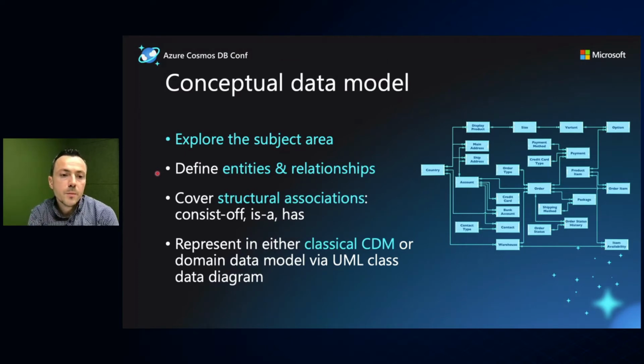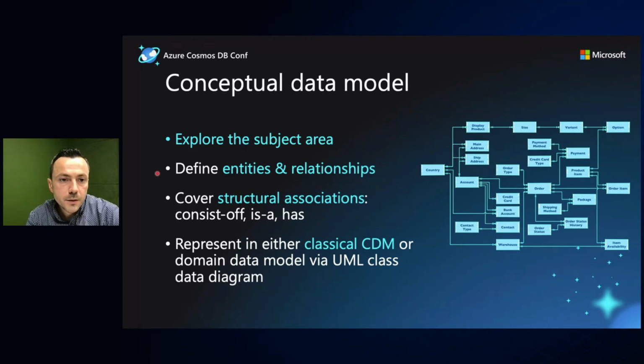Here we are talking mainly about structural association. In terms of representing this data model, we can use different options. We can use either a classical database conceptual data model using different notations, and you can see in this example Crow's Foot notation, or we can also use a UML class diagram.